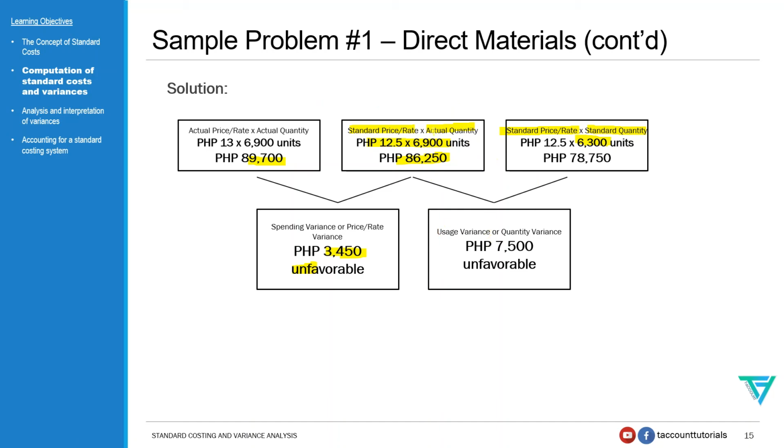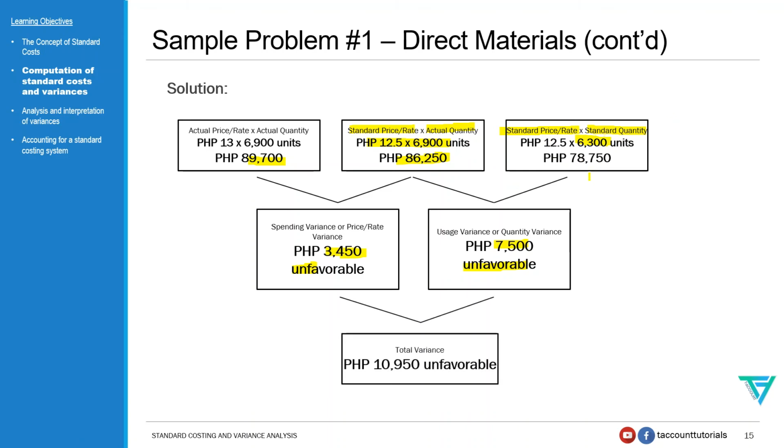And then if we get the difference between this middle figure and the total standard cost, we get the usage or quantity variance of 7,500. Same, unfavorable, because the standard price at actual quantities is greater. The 86,250 is greater than the total standard cost of 78,750, right?